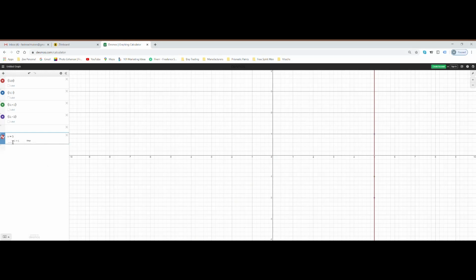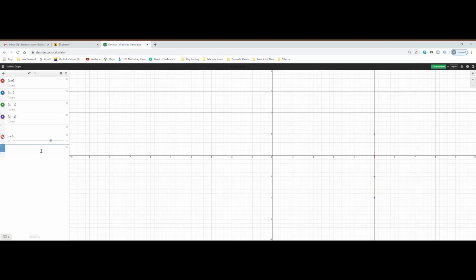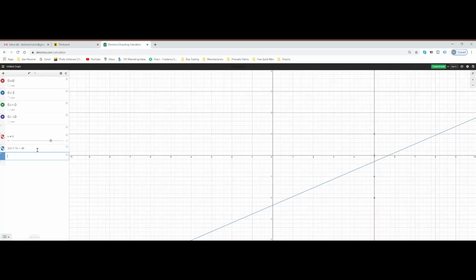Okay, and then let's do another one, which was 17y equals 7x minus 40. So it's a diagonal line. Let me draw the other one. Y equals 8x plus 6.